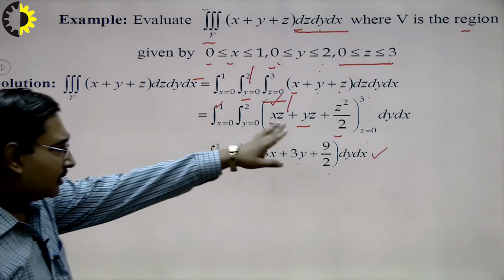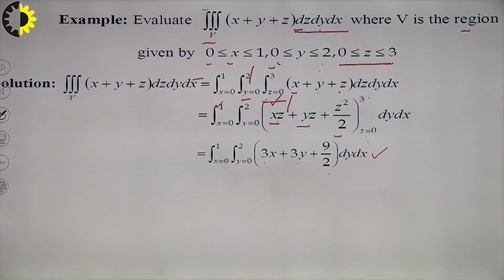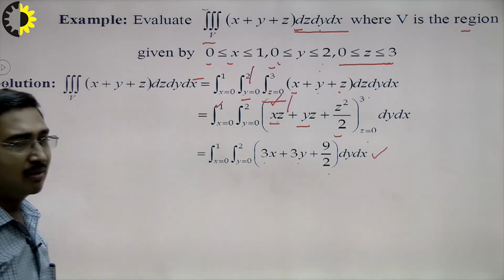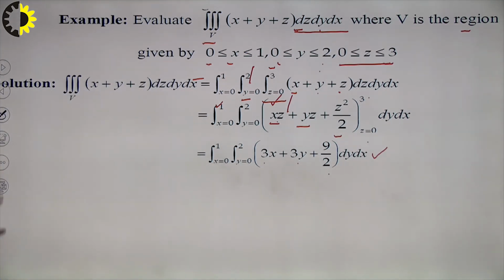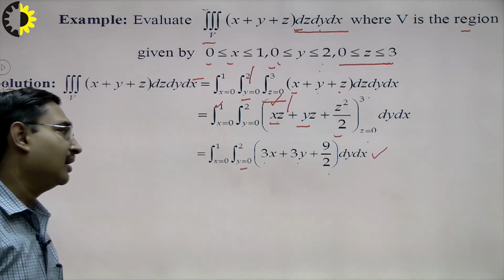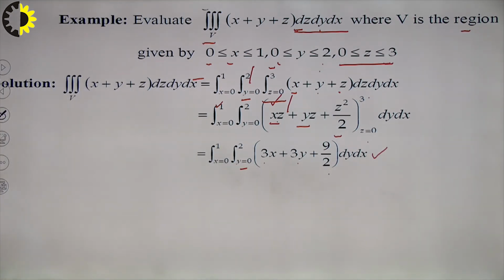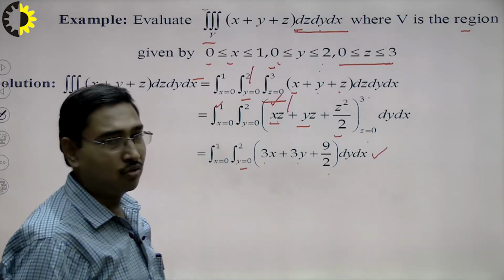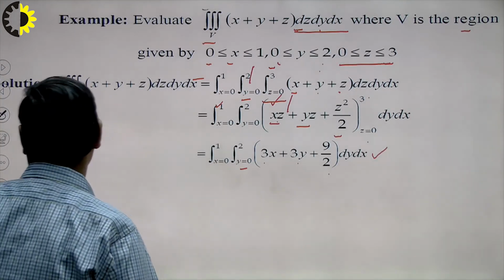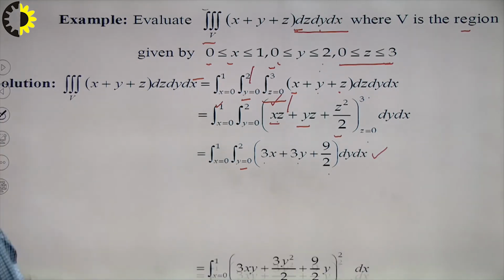Now, this integral is a double integral. It can be evaluated exactly by a similar process which we have done earlier. This time limits of y are occurring inside. So, we will integrate it with respect to y, and during integration x will be treated as constant.